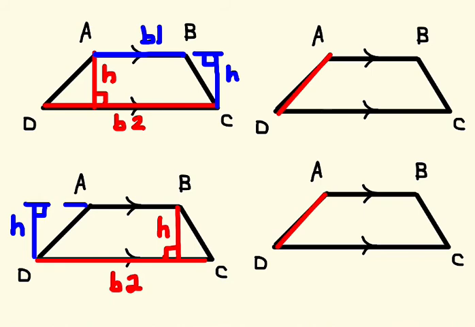Now on the other side, if my base is AD, let me go back to red, my height to AD comes down from C like this. Let me straighten that out a little bit. And this is a height. So in this case, my height starts at C, and here's my base. And I can call this one base 2.